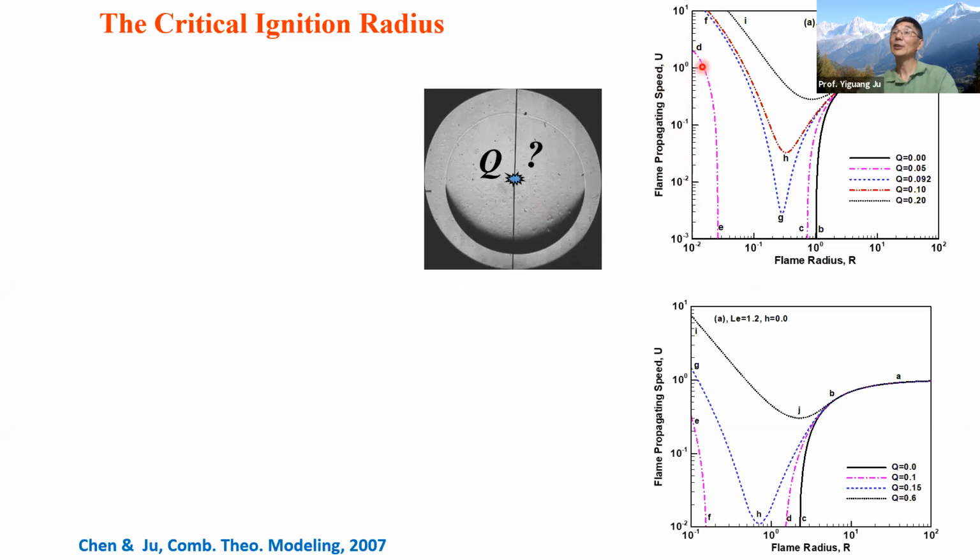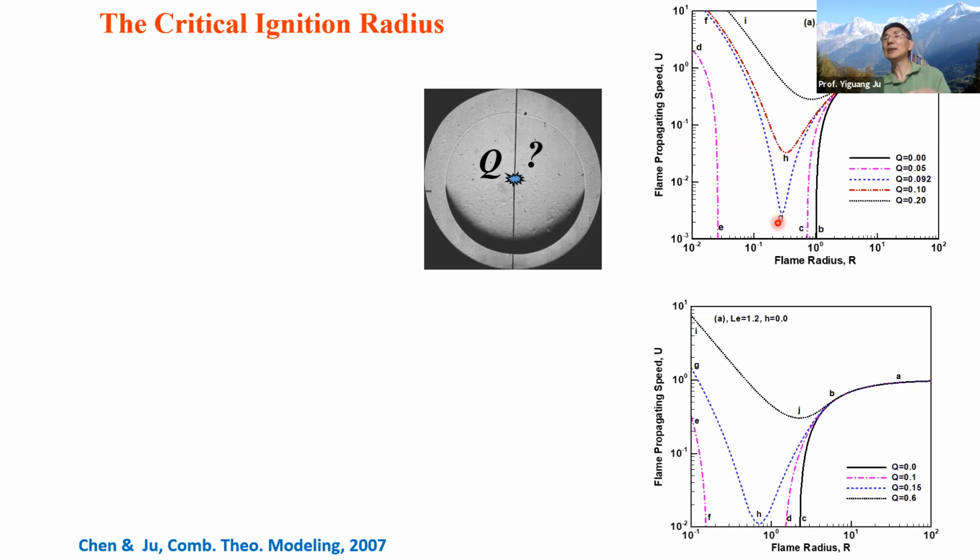But if the ignition energy is lower, and you have ignition, the flame speed will decrease as the flame grows, and eventually it will quench. At a certain energy, when the ignition energy is high enough, the flame speed decreases to a minimum flame speed, and after that it increases and reaches the adiabatic flame speed.